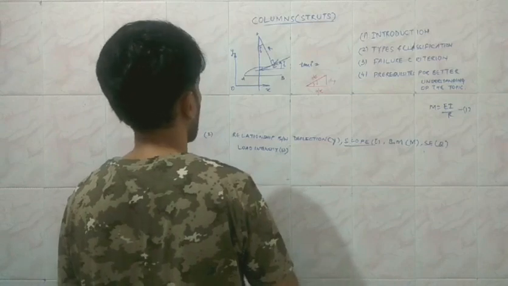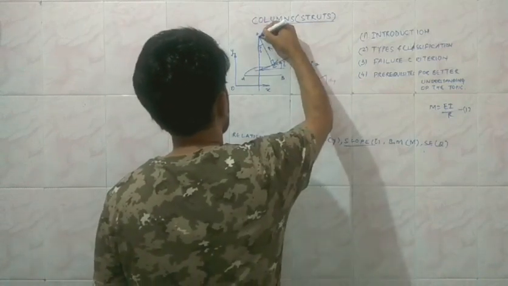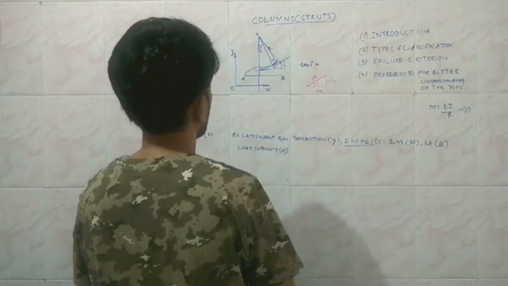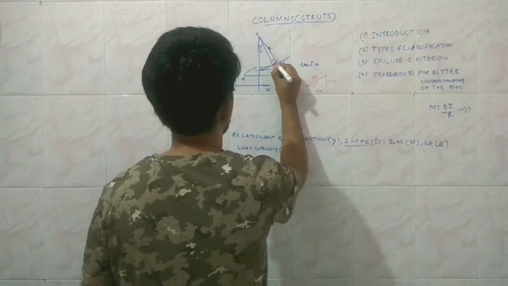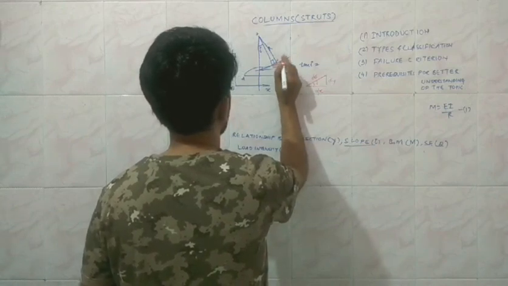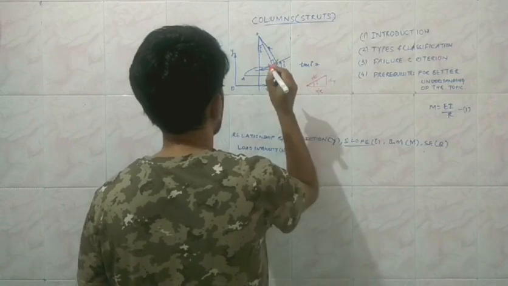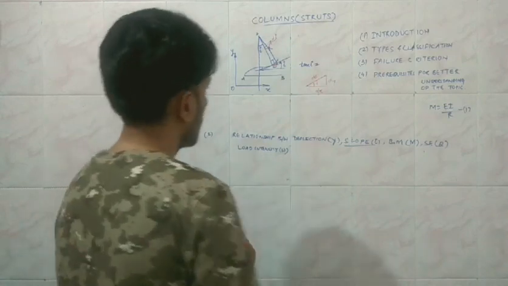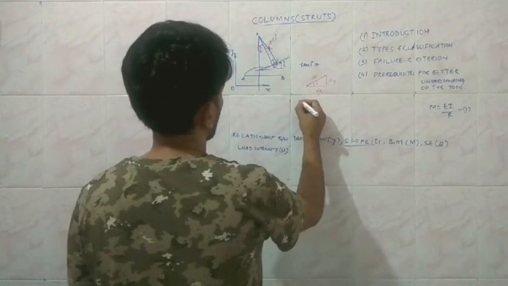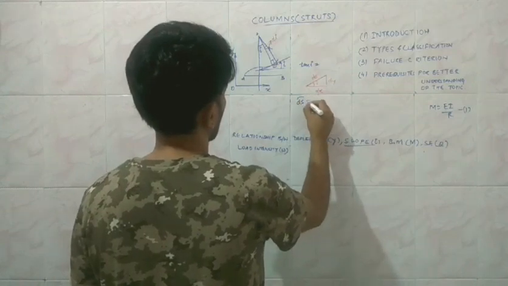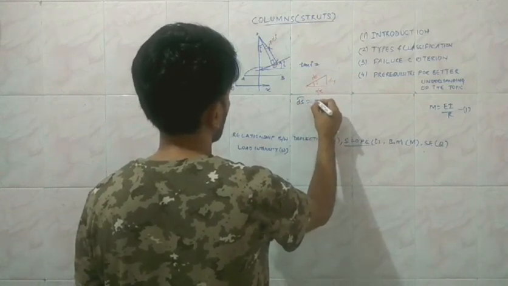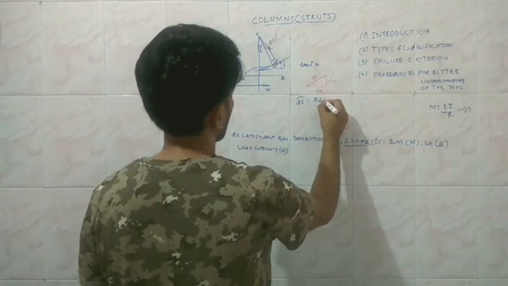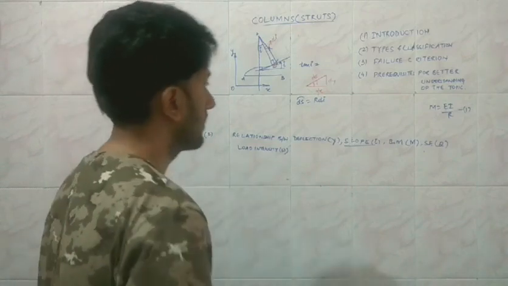Taking these differential quantities dy and dx, this angle is going to be di. Then we know that ds, the arc length, is basically r into theta, where r is capital R and theta is di. So arc length is R into di.